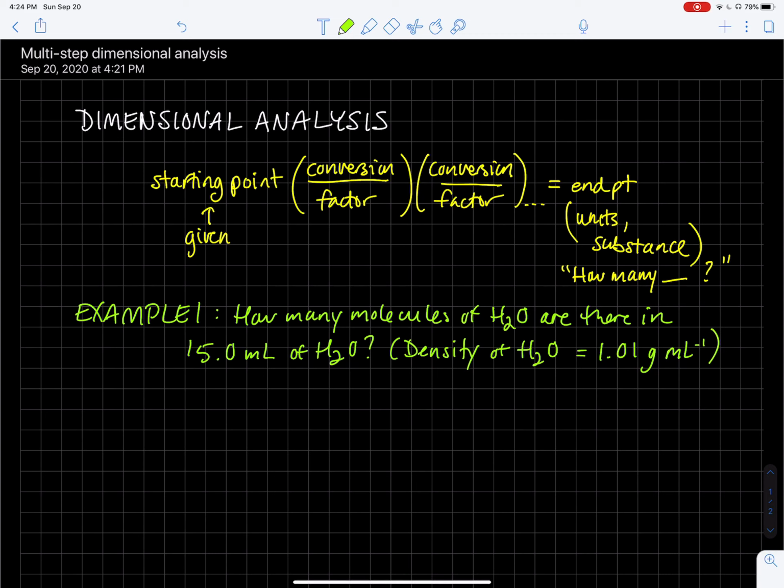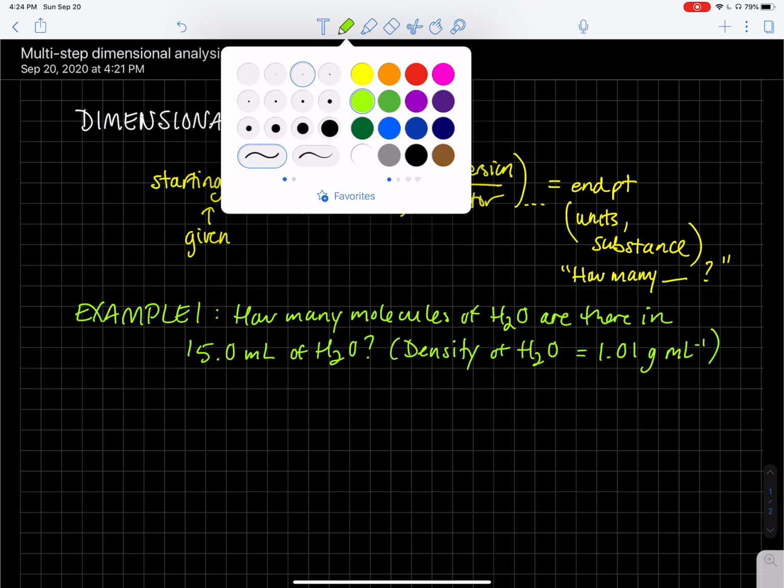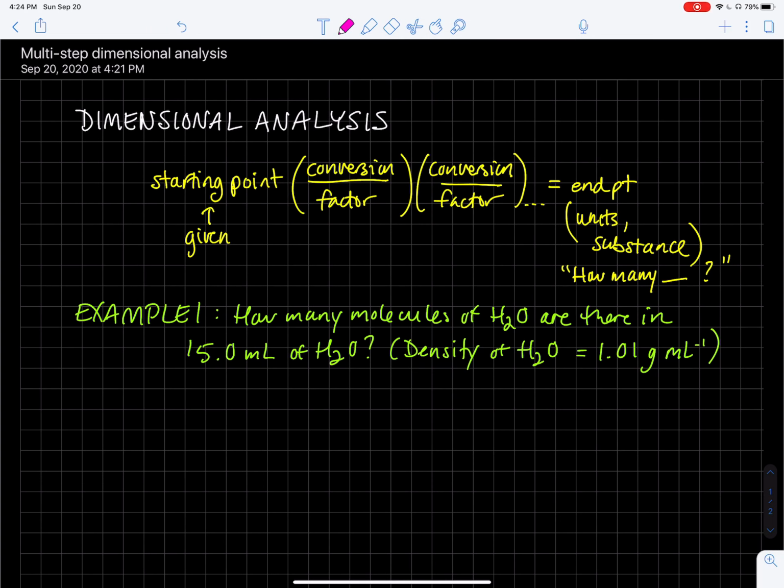All right, so you're welcome to stop the video at any point and try this problem. And I'll go through it so you can come back and see this. Okay, so I like to start by identifying the starting point and the end point.